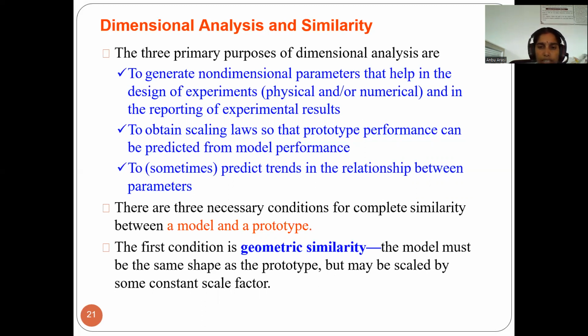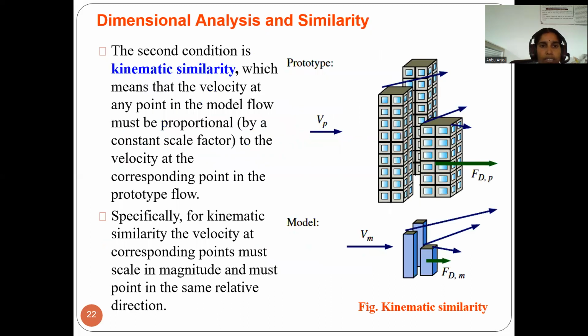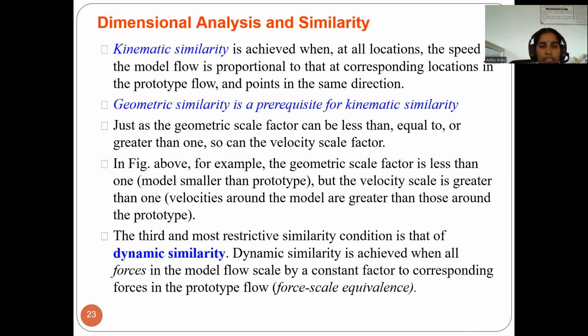There are three necessary conditions for complete similarity between a model and a prototype: the first is geometric similarity, the second is kinematic similarity, and the third is dynamic similarity. In the next class, we will see the details of dimensional analysis and these similarities.